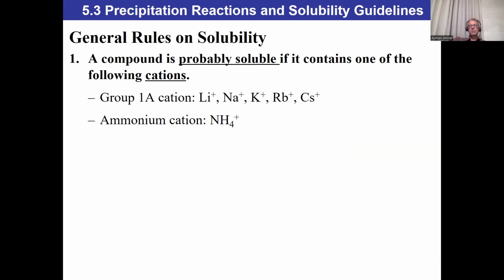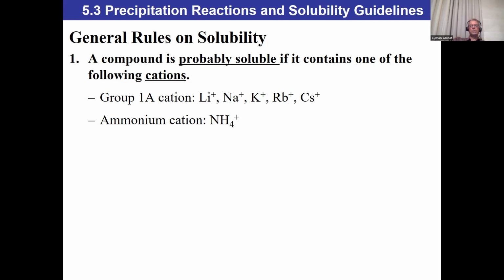General rules on solubility. Compounds containing group 1A ions or the ammonium cation are soluble. A compound is probably soluble if it contains one of the following cations: group 1 cations, lithium plus, sodium plus, potassium plus, and so on, or the ammonium cation, NH4 plus.